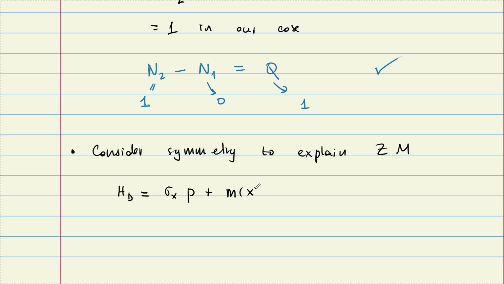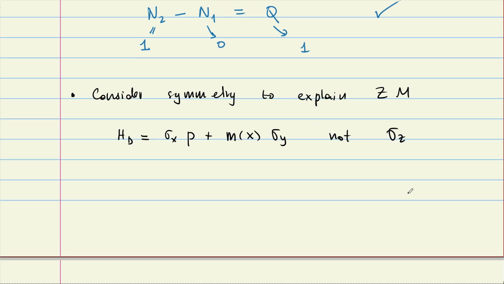It is sigma x p plus m of x sigma y, and we have not used sigma z in the solution we just performed. Let's look at the third Pauli matrix, let's look at HD times sigma z. It is going to be sigma x sigma z p plus sigma y sigma z m.